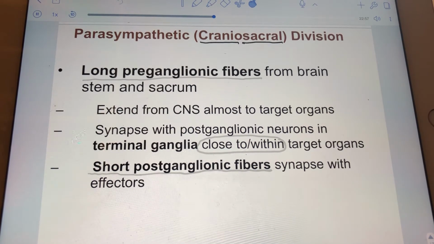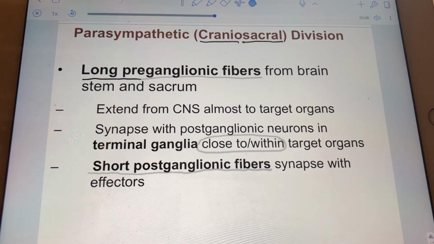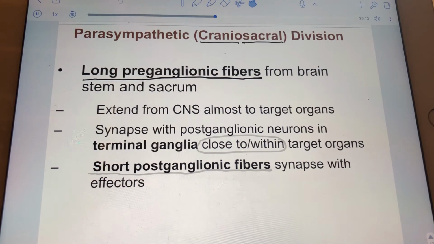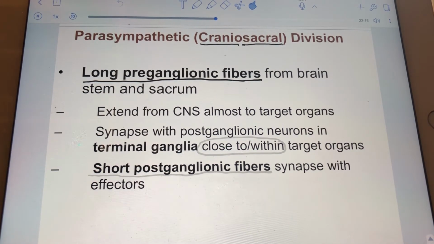Its cell body is either in the brainstem or the spinal cord in the sacral region of the spine, okay? Preganglionic axons are relatively long, and therefore they extend from the central nervous system almost all the way to the target organ.